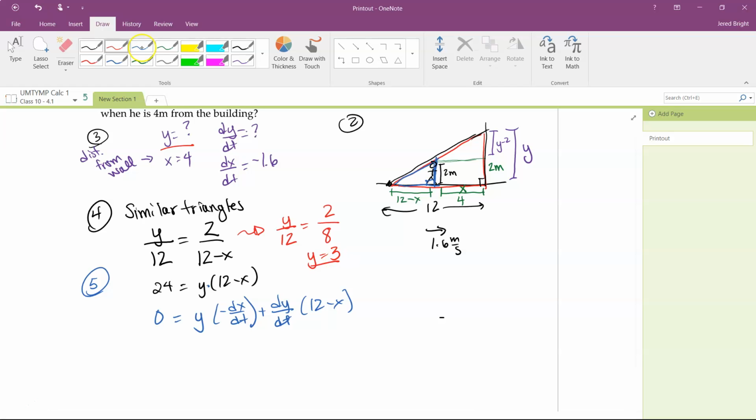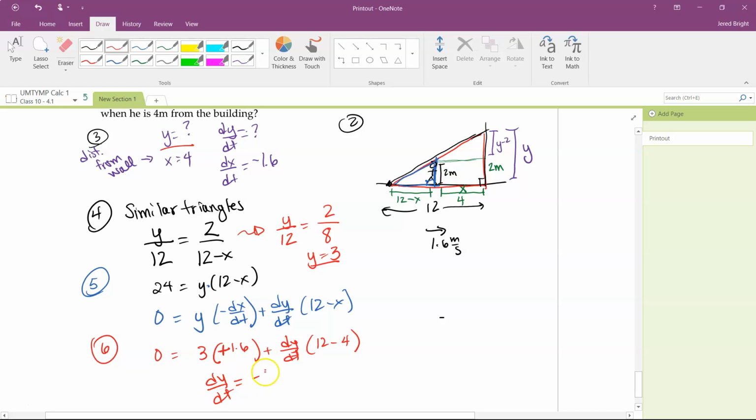Now I can do that substitution in step 6. 0 is equal to 3 times negative 1.6 plus dy/dt, which is what I want to find, times 12 minus 4, or 8. Doing the math, and this should be a plus, I forgot about that, solving for dy/dt, I got negative 3/5 once you fully simplify.